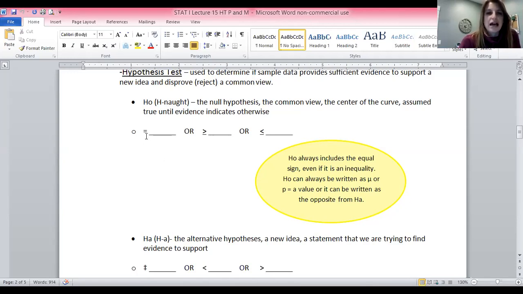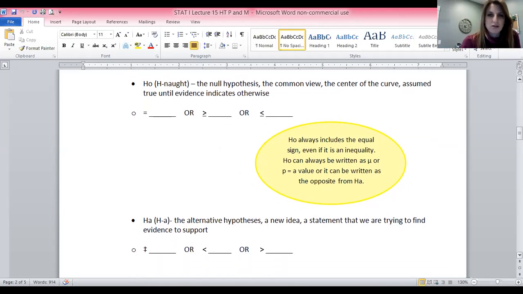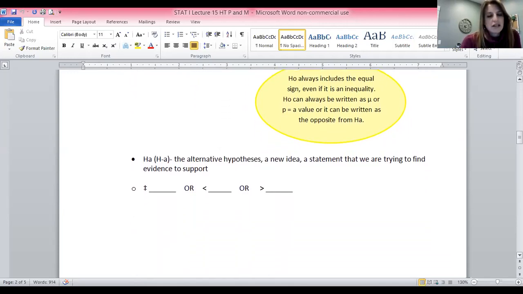Or you can write it opposite from the alternative hypothesis. But notice it could be greater than or equal, or less than or equal, so it always has the equals, but you can always just go with this first option, plain equals, and skip the inequality. I just want you to know that. Most of the time in Stat 1, we just write it opposite from the HA, the alternative hypothesis, because it's simple that way, and that's fine.